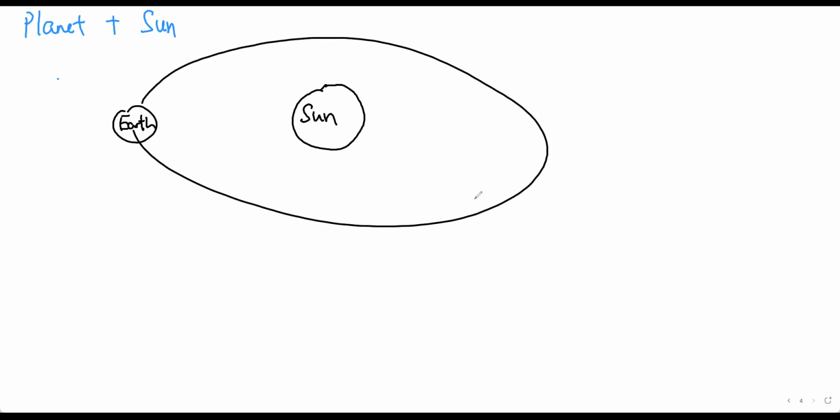This is not the top view, okay? Now let the mass of the sun be the big M, the mass of the Earth be small m. Now we know that the Earth is orbiting around the sun in a circular orbit. And the only force acting on the Earth by the sun is a gravitational force.